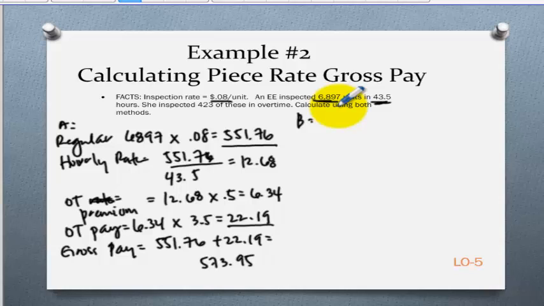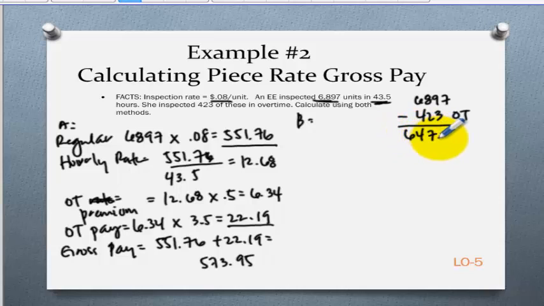Okay, let's calculate it for method B. So again, method B is all about my pieces. When were they made? So I inspected 6,897 units, and I inspected 423 of those in overtime. So I can subtract the overtime from the total to calculate what I made in regular time.